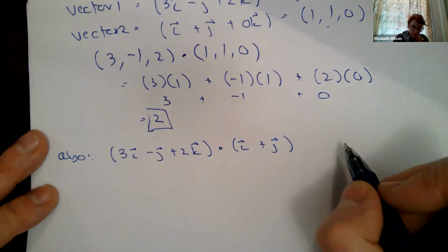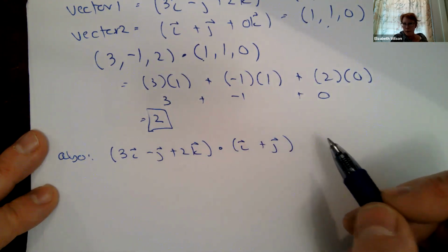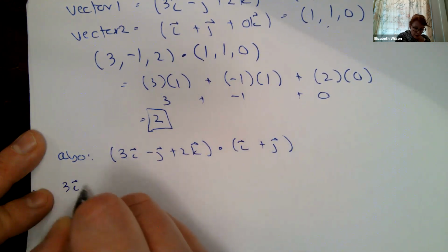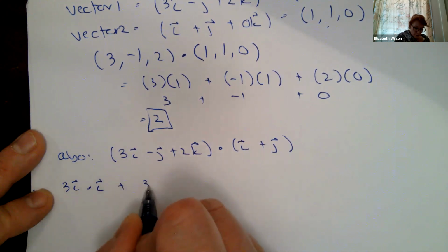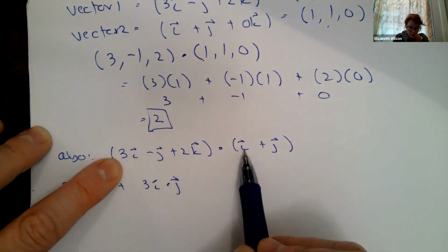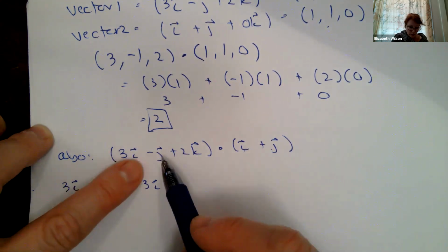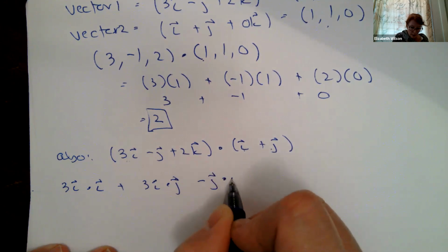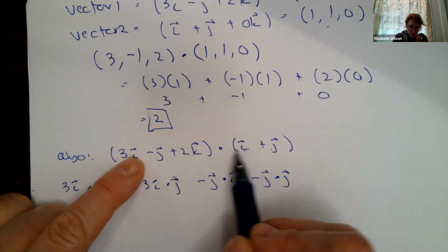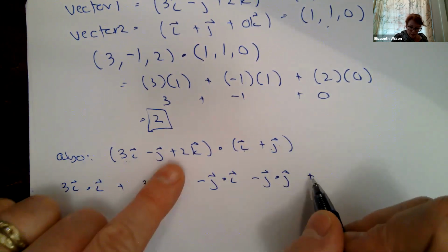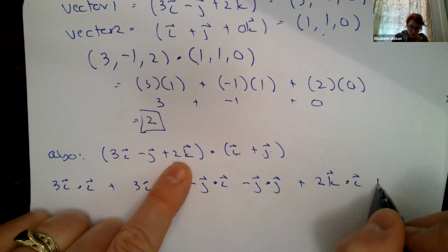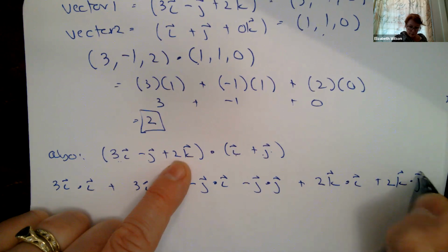It's like FOIL, but I'm distributing it to all these terms. So 3i dot i plus 3i dot j, minus j dot i, minus j dot j, plus 2 times k dot i plus 2k dot j.